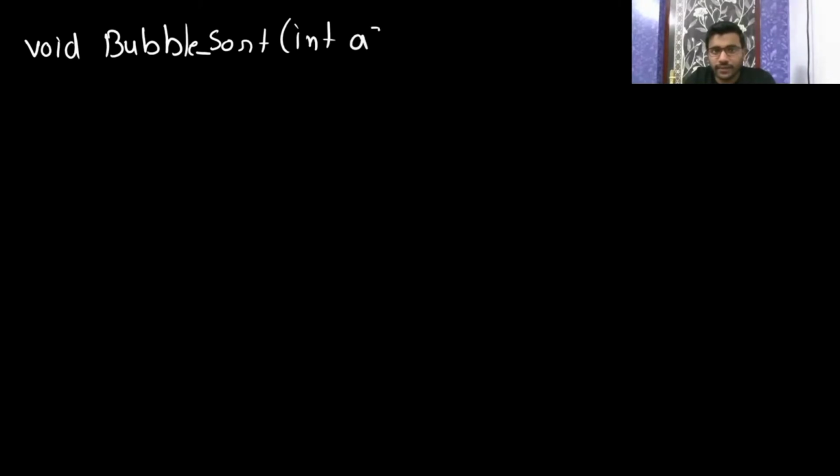So let's write void bubble sort, which is going to have int array, so void bubble sort of int array, int n.